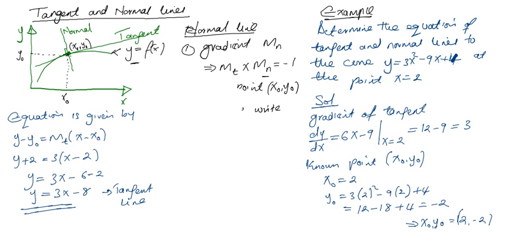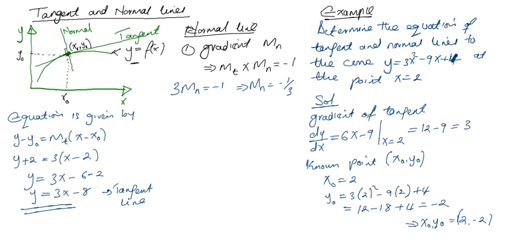So now, mt is 3, and mn we still don't know, but mt times mn equals negative 1. This implies that mn is equal to negative 1 over 3.